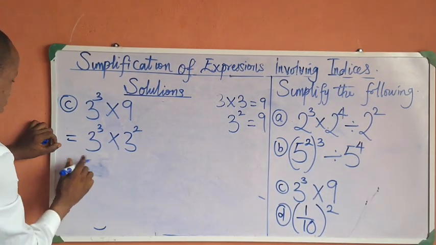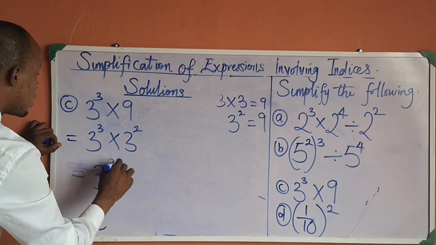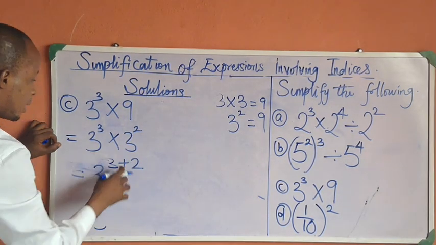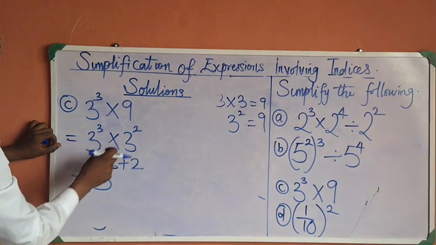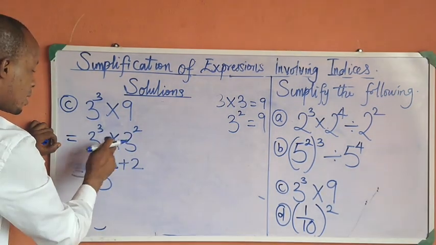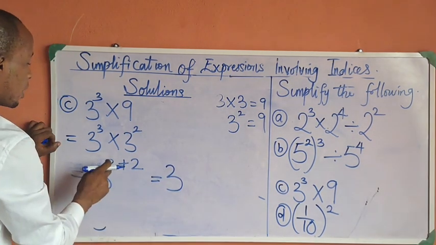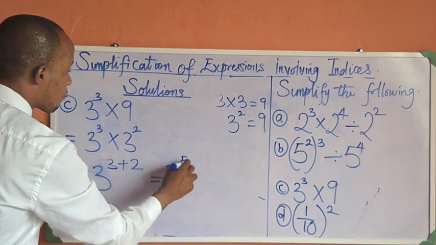Let me rewrite it properly. Equals 3 raised to power 3 plus 2, applying the law of product, picking one of the bases and then adding up the power instead of multiplying it. And this will simply give me 3 raised to power 5.